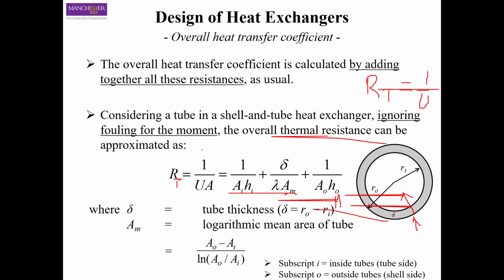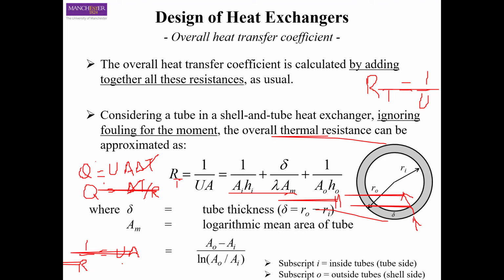And another thing, how do we know that R total is equal to 1 over U? Again, we go back to our main equation, that is Q is equal to UA delta T. And we also know that Q is equal to delta T over R. So if you compare these two equations, the delta T will cancel out, and it means that we will have 1 over R is equal to UA.